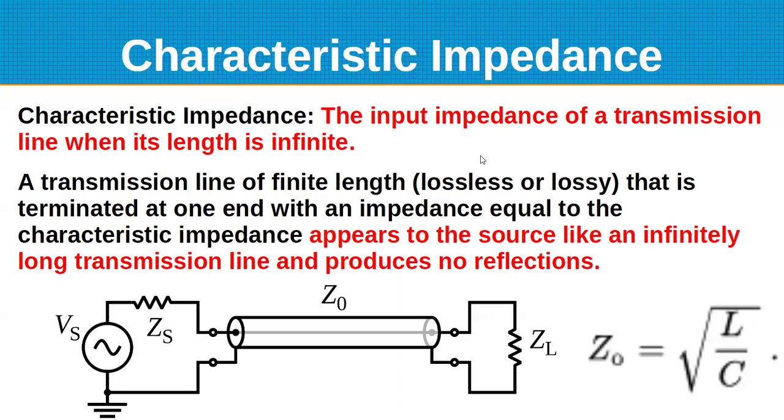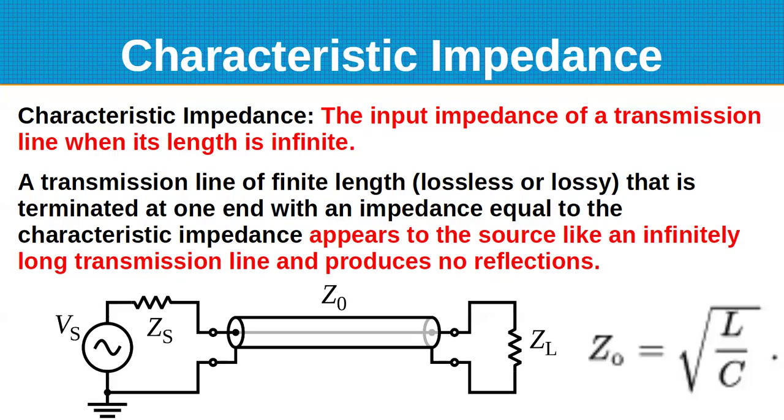So it's the square root of the inductance over the capacitance. That's how it's actually calculated. But usually, in the case of coax, when you buy it, it'll tell you what the characteristic impedance is, and also things like the velocity factor and the loss.